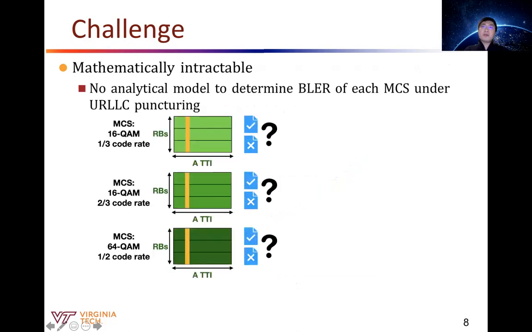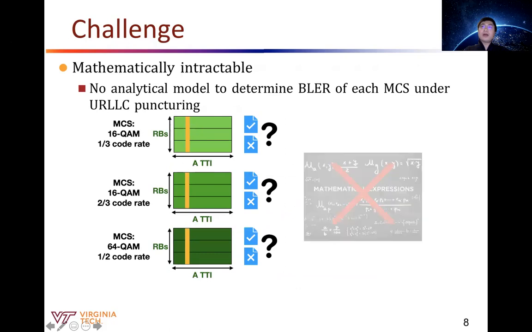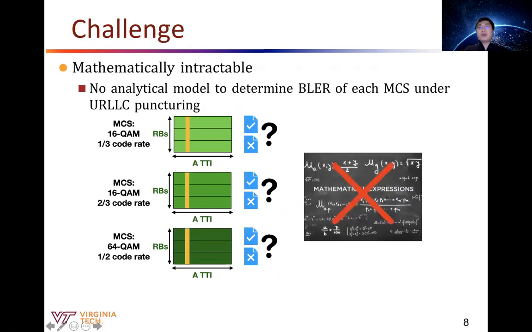As in the examples here, when a URLLC transmission is present and punctured an eMBB transmission, we just don't know what exactly the BLER will be, no matter which MCS is used for the eMBB transmission. As a result, we cannot use conventional optimization approaches to solve this problem.